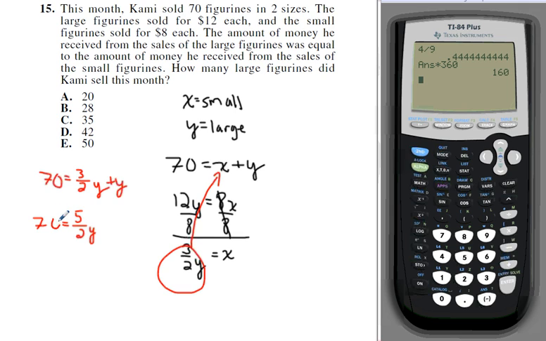Now you can type that in the calculator right now if you want, or if you want to break down the fraction and divide by 5 and multiply by 2, that's fine. That's what I'm going to do. So I'm going to do 70 divided by 5, which gives me 14, times 2 is 28. Okay, so basically what I did there was I did 70 divided by 5 halves.